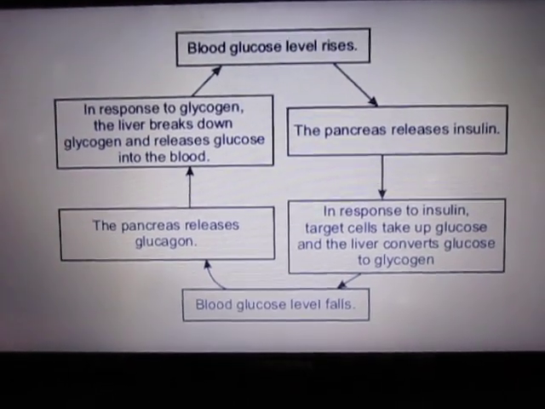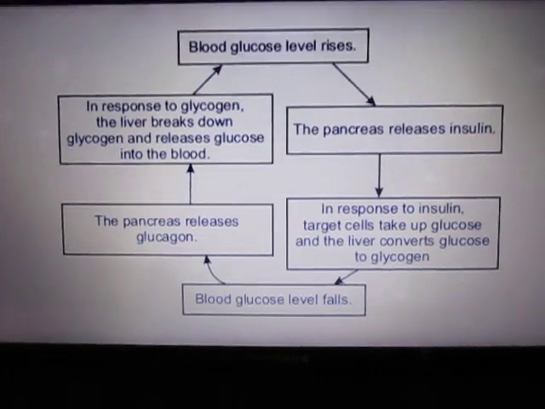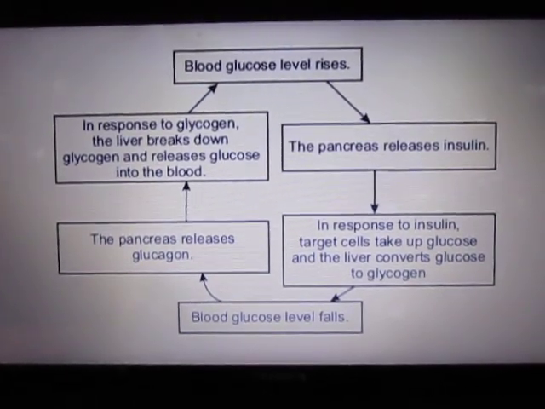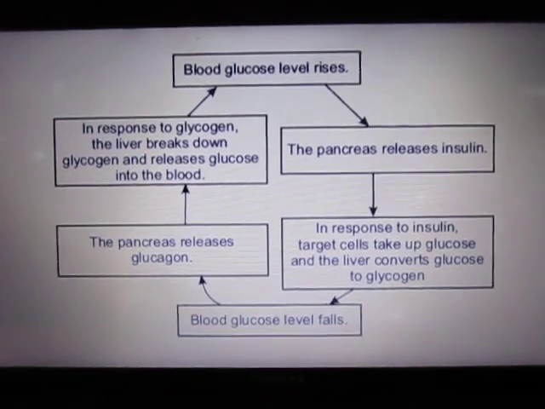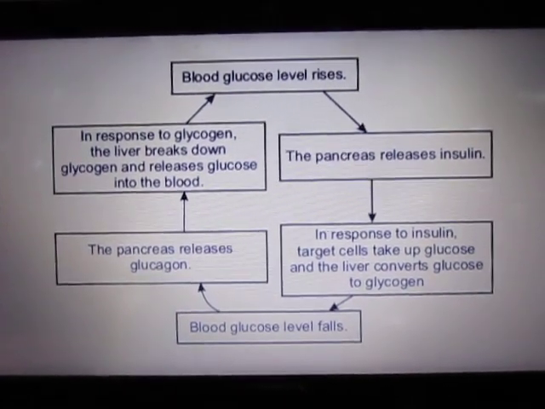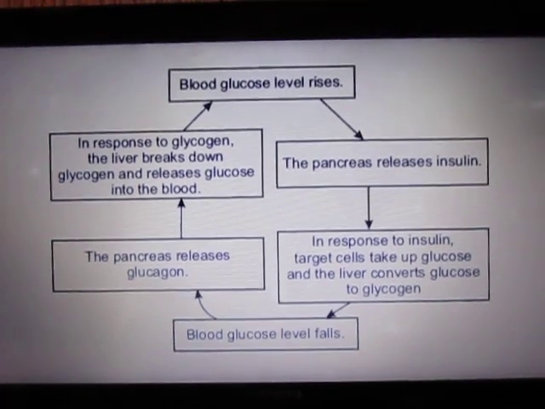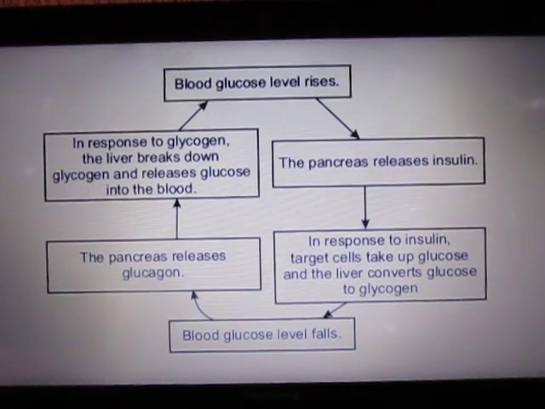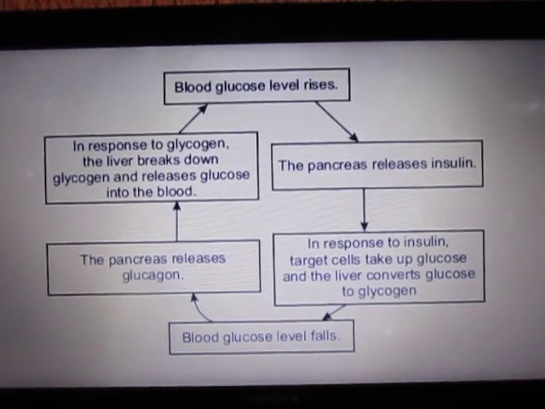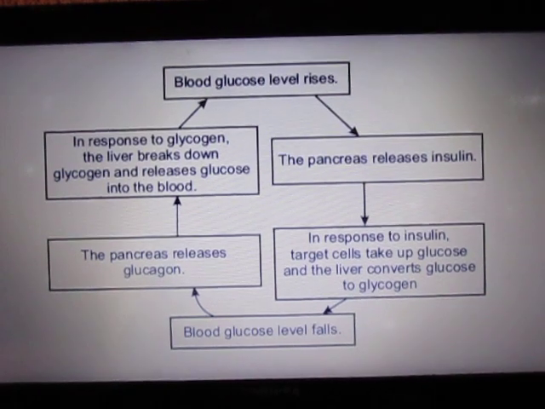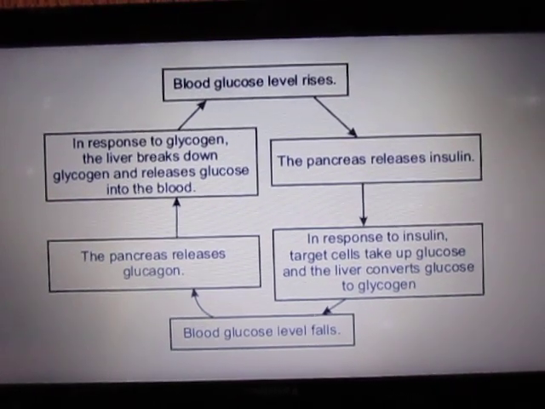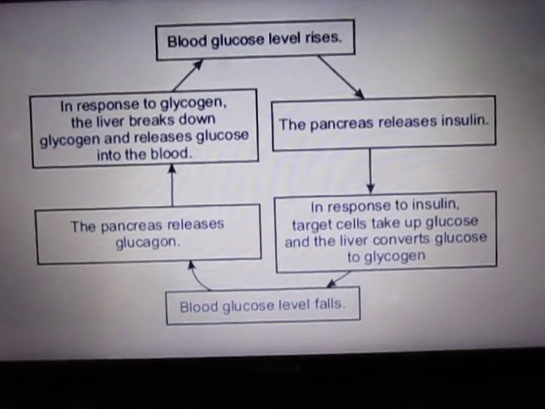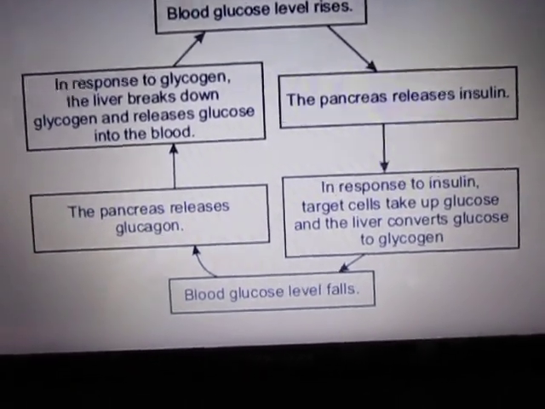There, it will make different cells start consuming the glucose in cell respiration, and also make the liver convert the glucose into glycogen. What will be the outcome? As the glucose is consumed and condensed to form glycogen, its amount in the blood will decrease. So we say the blood glucose level falls down.